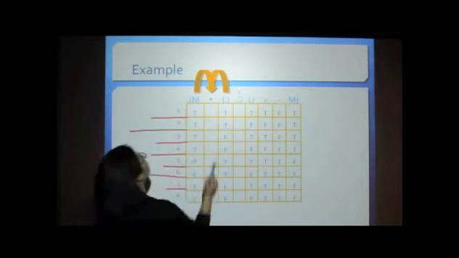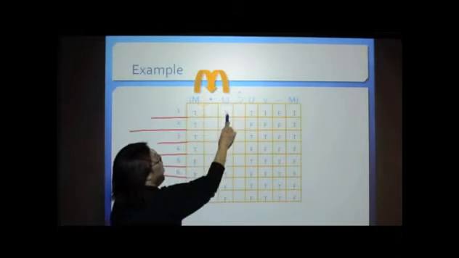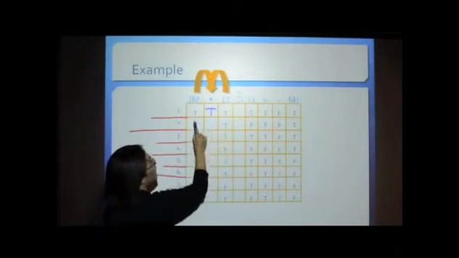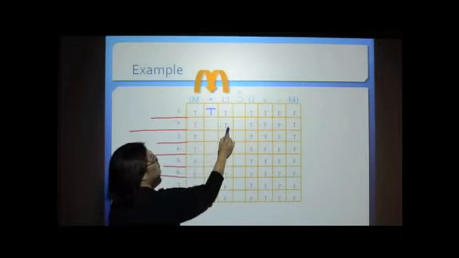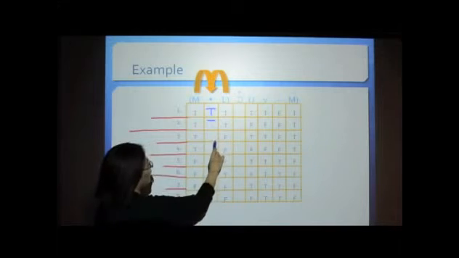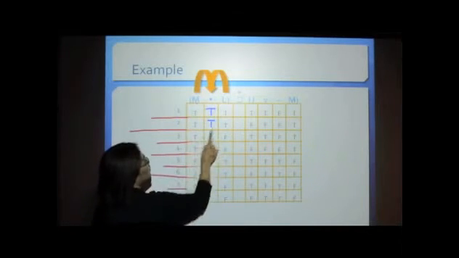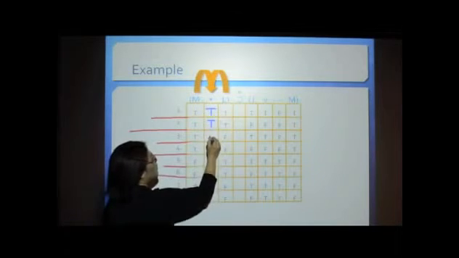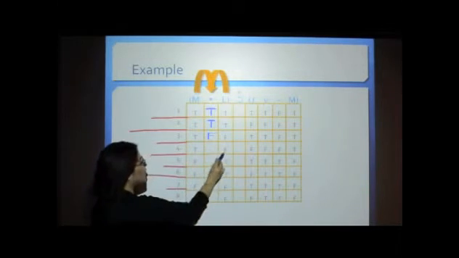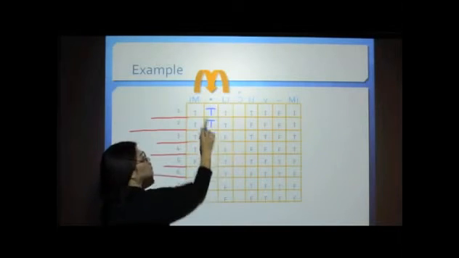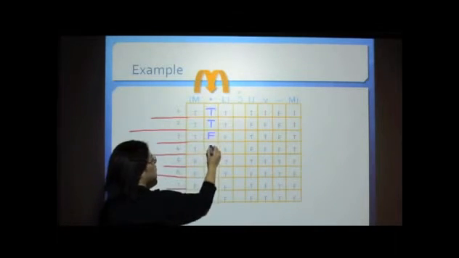So here you have M being true and L being true, so the conjunction of M dot L will be true. And again you have M being true and L being true, so the conjunction of M dot L will be true. Now here you have M being true, but L being false. So the conjunction of M dot L will be false. And again, here you have M being true and L being false, so it will be false.